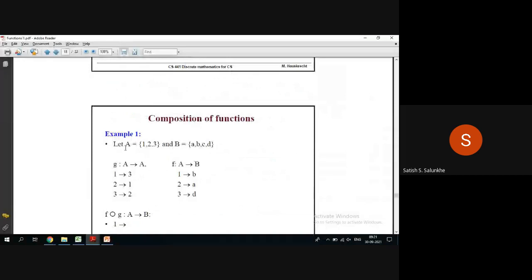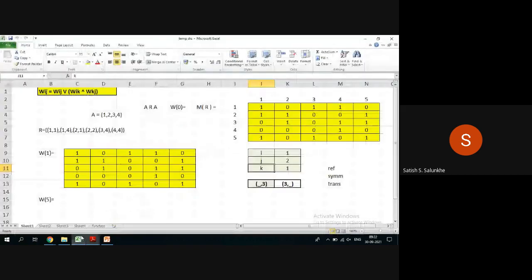So let's set A is 1, 2, 3. Set B is a, b, c, d. There is a function g from set A to set A. There is a function f from set A to set B. You can see 1 is mapped to 3, 2 is mapped to 1, 3 is mapped to 2. Okay, if you are not able to visualize, let me just show you here.